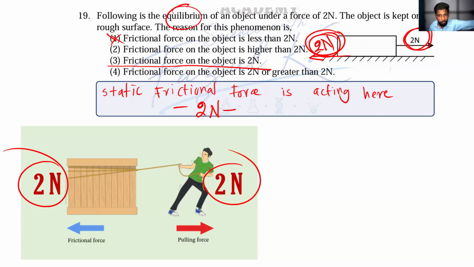It didn't move. So no doubts. Okay. Thank you. So this is the explanation. If they are given like this, 3 Newton, the object is at rest, that means the frictional force will also be 3 Newton. Okay. A very easy question, but we want to read the question carefully. That is the thing that they are expecting from here.